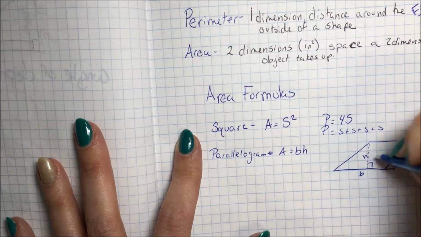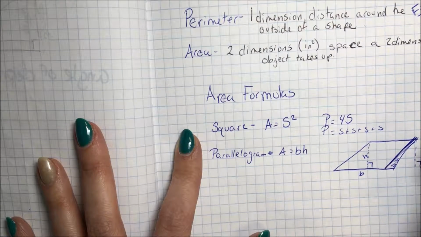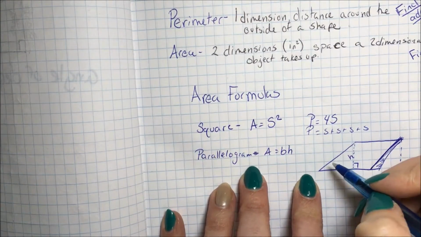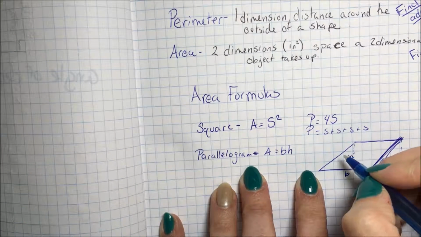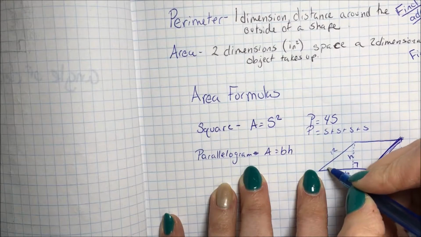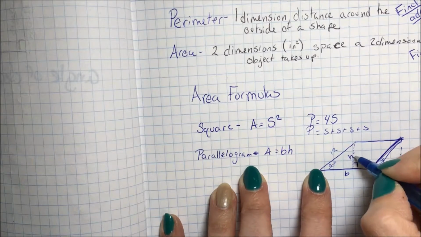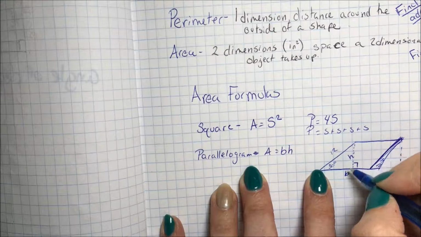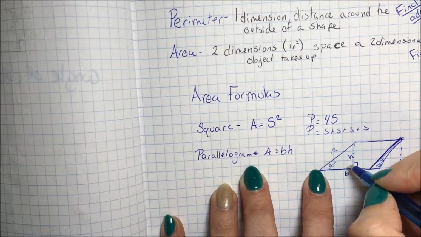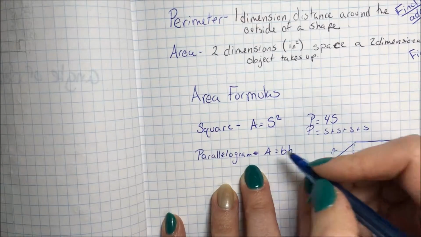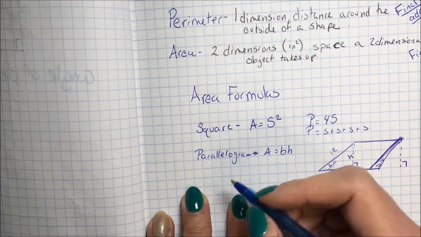So the height could be in here, or it could actually be on the outside of the parallelogram. And this is where some trig could come into play. So I could be told, like, this length is 12, and be given 30 degrees here, and be asked to find h. So some trigonometry could come into this little right triangle I have going on here to find h. And once I have h, I can find the area of that parallelogram.